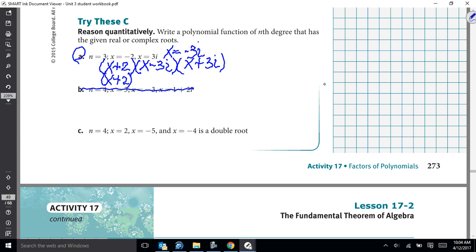So x times x is x squared. x times 3i is 3ix. Negative 3i times x. And negative 3i times positive 3i. What's negative 3 times positive 3? And i squared makes negative 1, which makes that positive, right? Now what happens to my positive 3ix and my negative 3ix? They cancel. x squared plus 9.